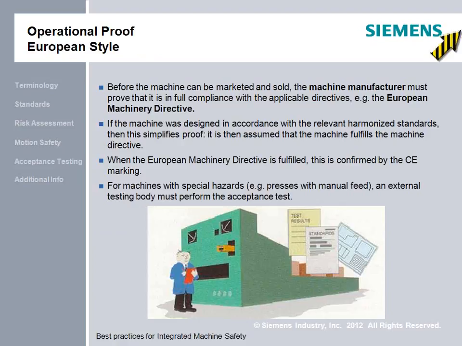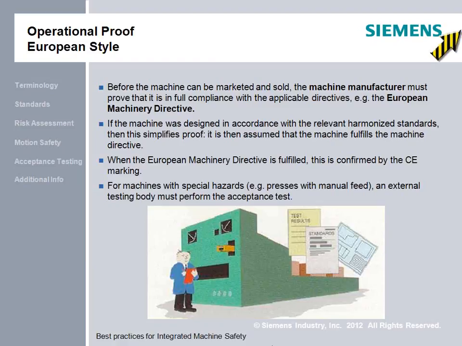How do you do this if you supply machines into Europe with the CE mark or you're a European-based manufacturer? Very similar. Your machine must comply with the European Machinery Directive, of course. And the particular takeaway point here is the last bullet: for machines with special hazards, as in a manually loaded punch press, you cannot self-certify.